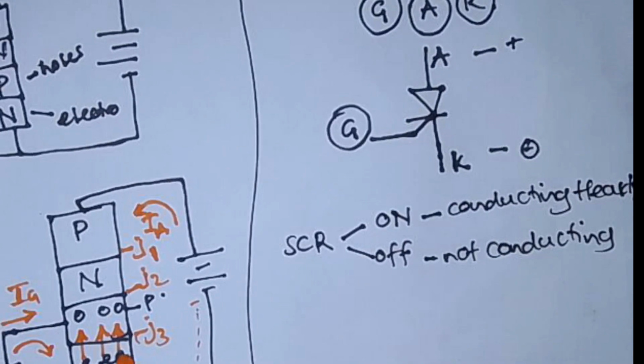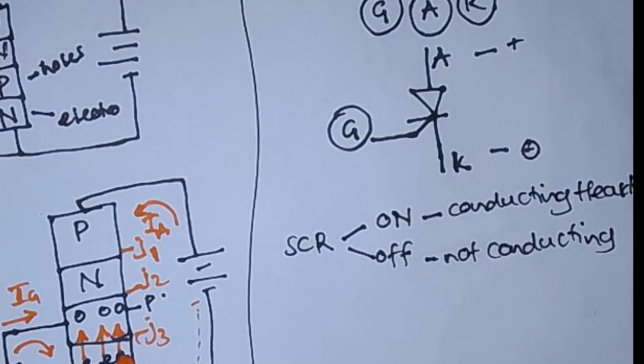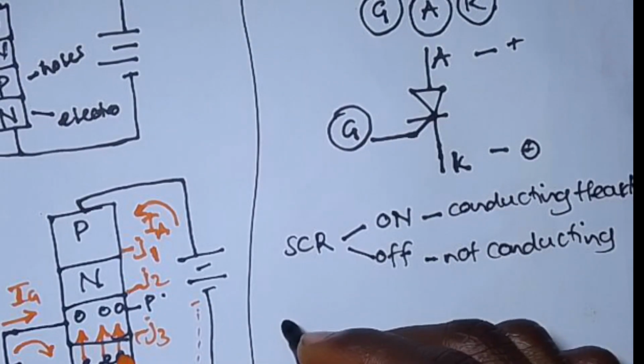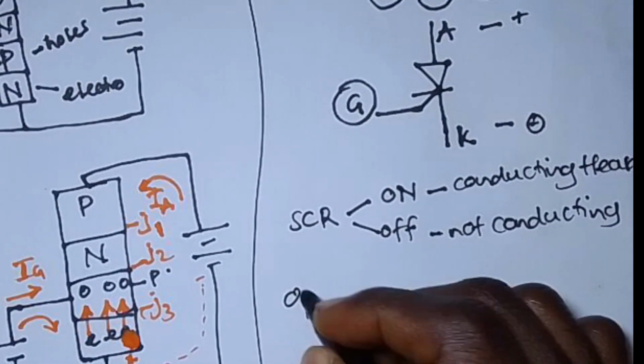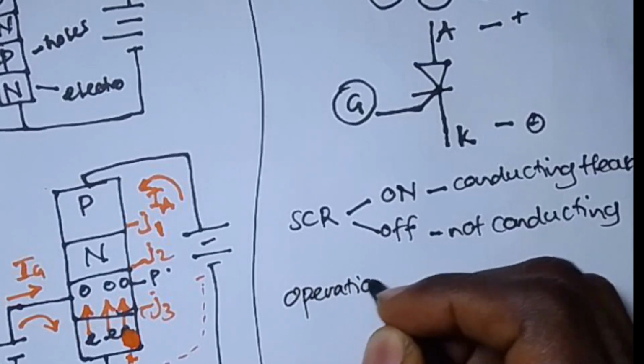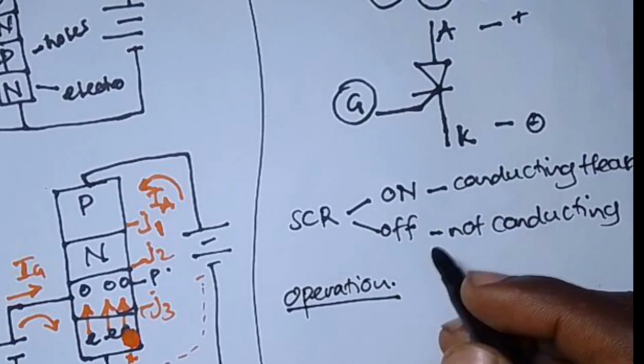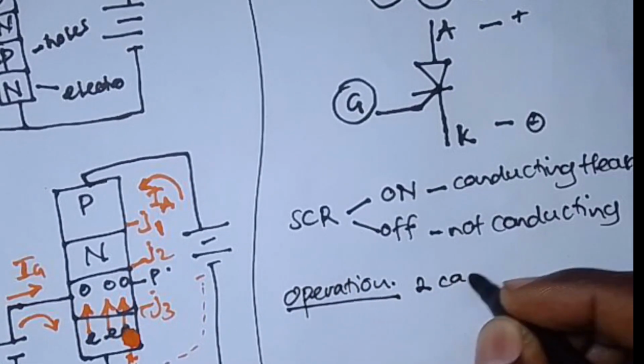So those are the two modes of operation. It is either on or off, and it is either conducting heavily or not conducting. Its mode of operation can be looked at in two cases.